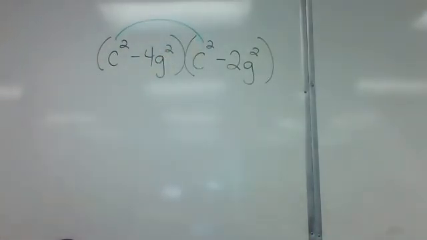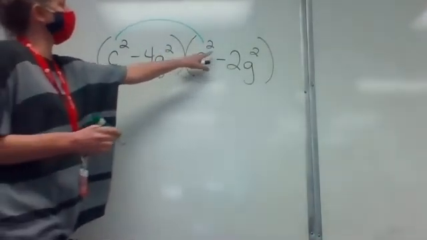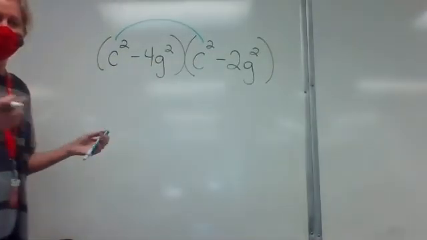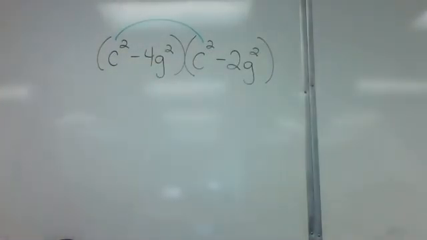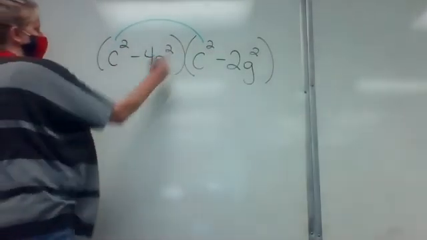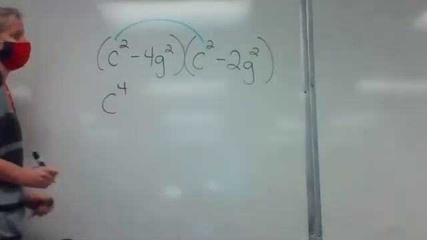My first, c squared times c squared. So remember, the same letters that you're multiplying means you're going to add their exponents. C squared times c squared gives me c to the 4th.